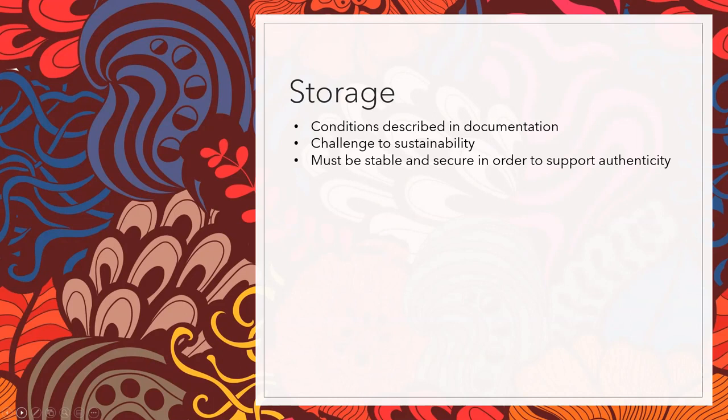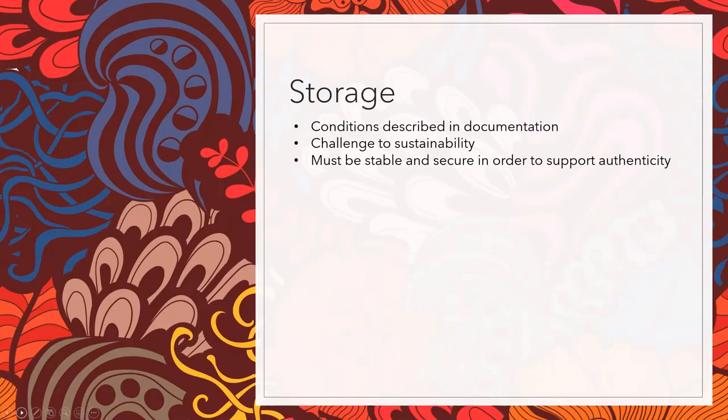And you have to make sure that your storage is stable and secure. So again, making sure that your records aren't going to be damaged or aren't going to be decaying as time progresses. So maybe even having something that says, we want our servers to be stored in these conditions, because that will reduce the likelihood that the server is going to fail, or that records on the server might decay because of the conditions that the server is in.